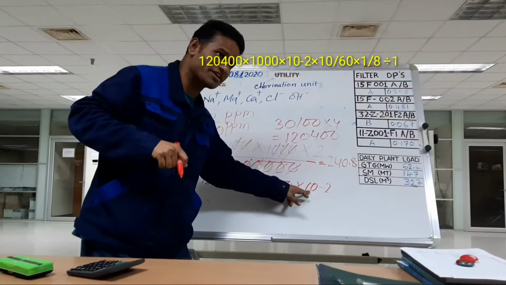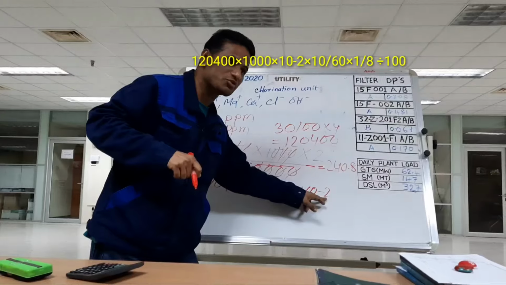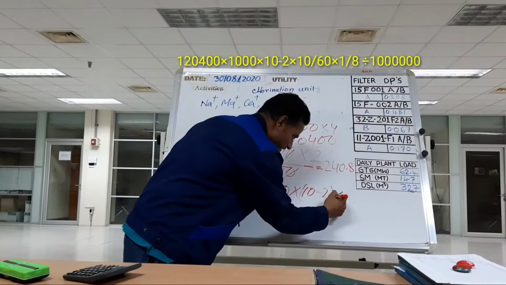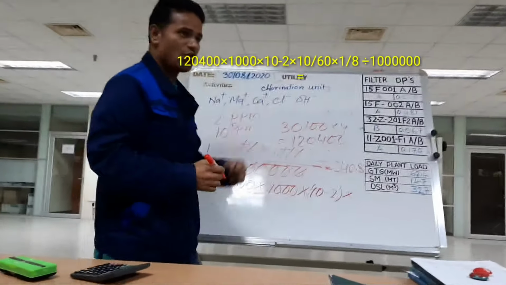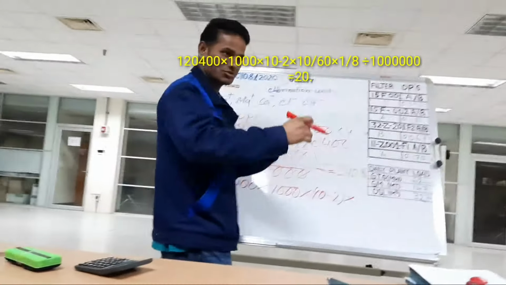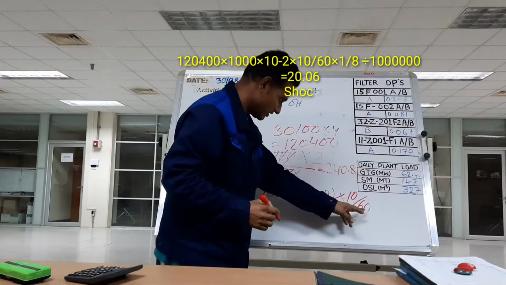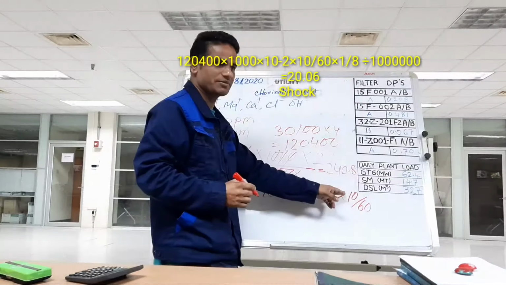Shock dosing chlorine rate is 10, but continuous dosing is also running, not stopped, with rate 2, so this needs to be subtracted. That gives 8. Shock dosing runs normally 10 minutes, so 10 minutes by 60, since in 60 minutes it runs 10 minutes.